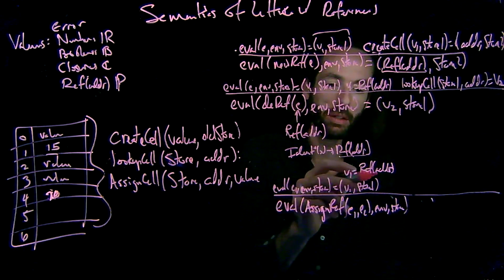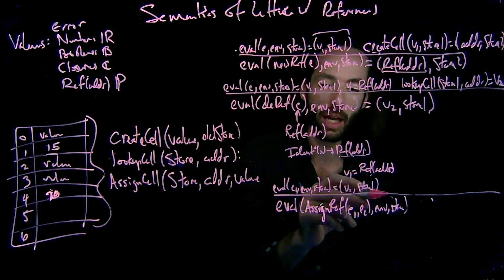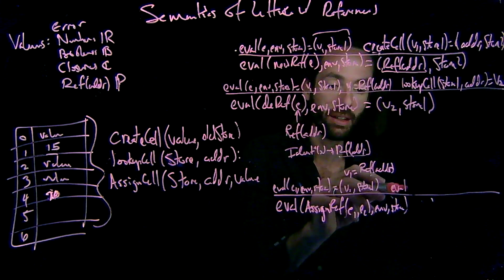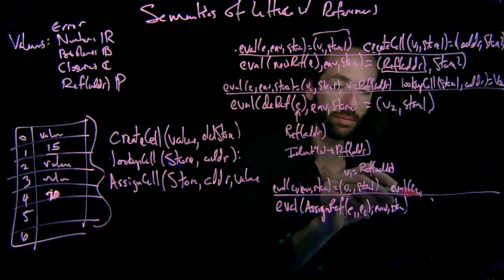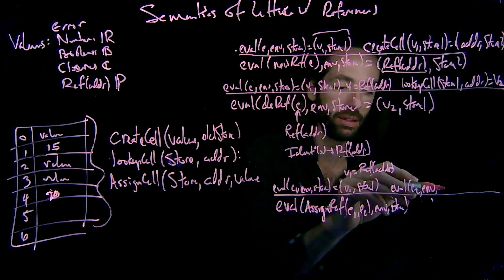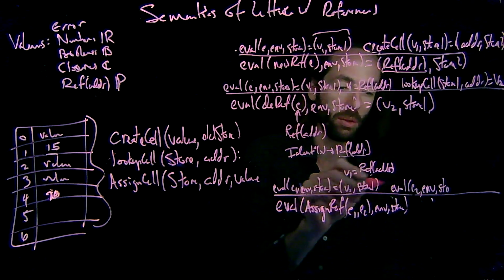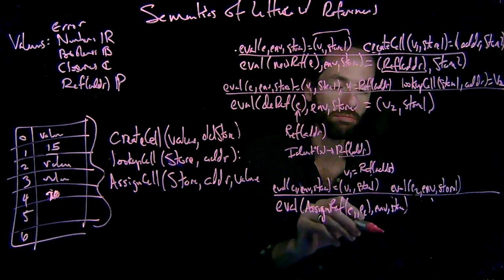So V1 needs to be of the form reference to an address. Okay, so now we need to eval E2 under the environment and store1.